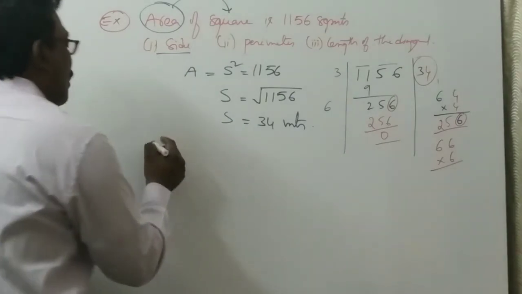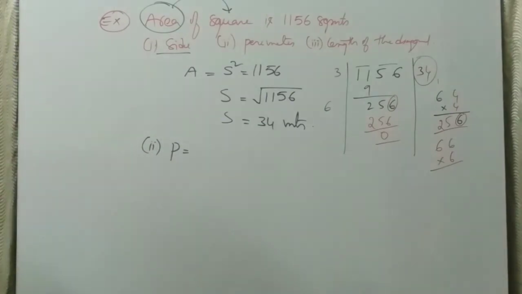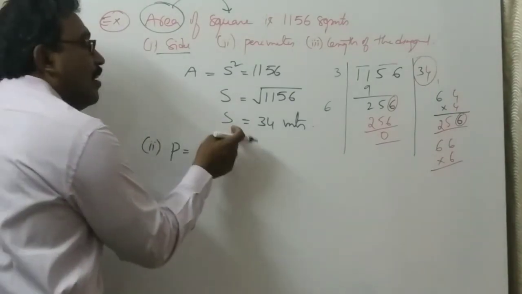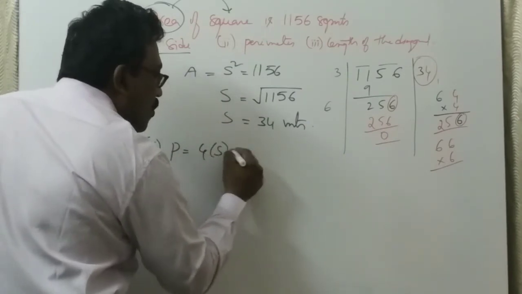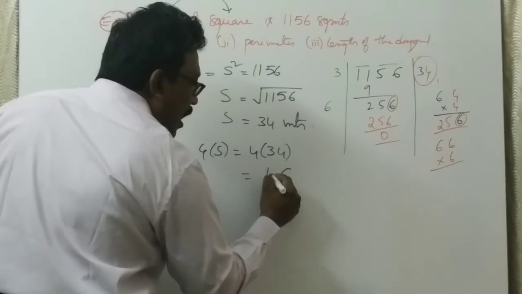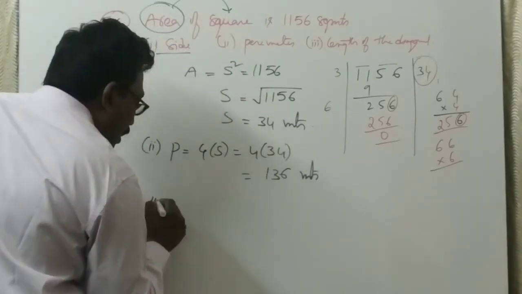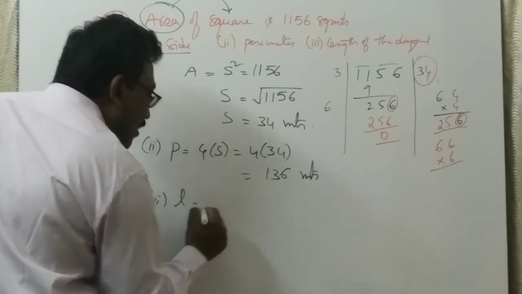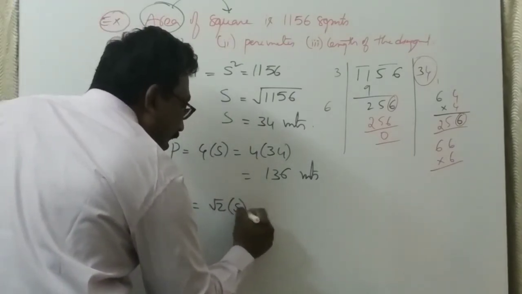So from this onwards, it's a mensuration problem. After the side, it becomes a mensuration problem. Perimeter is equal to 4 into side, 4 into 34, that is 136 meters. Now, third one is the length of the diagonal. The formula is root 2 times side.